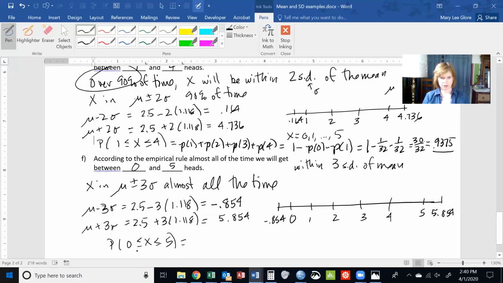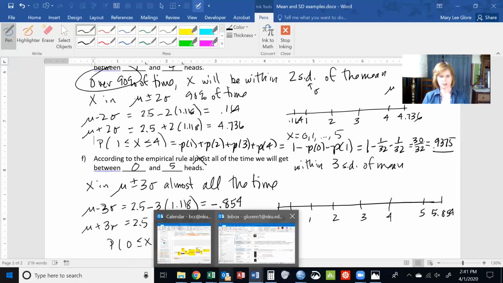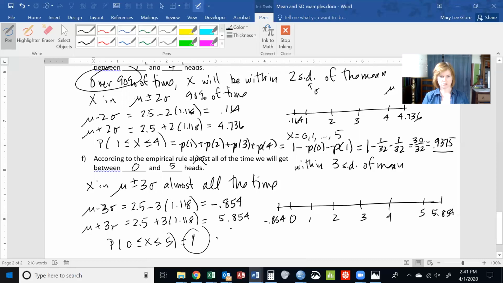How often, when we flip a coin 5 times, do we get between 0 and 5 heads? All the time, right? So in fact, it's actually all the time. We could say, according to the empirical rule, close to 100% of the time we'll get between here. But we know that it's actually 1, all right? So this is still consistent.